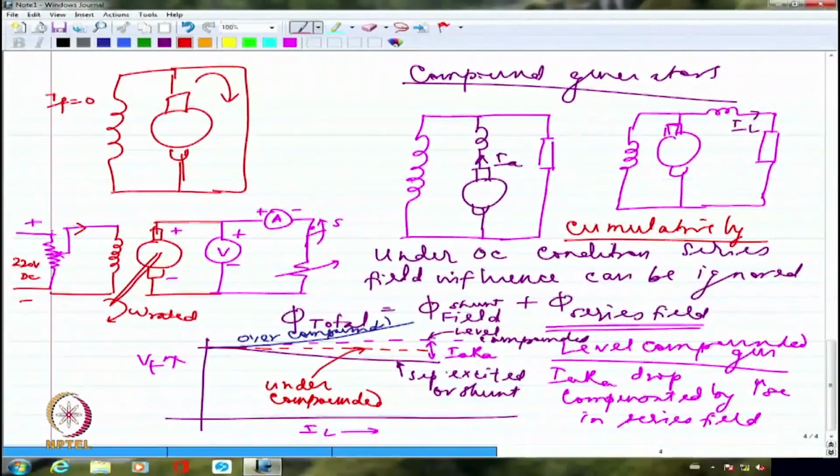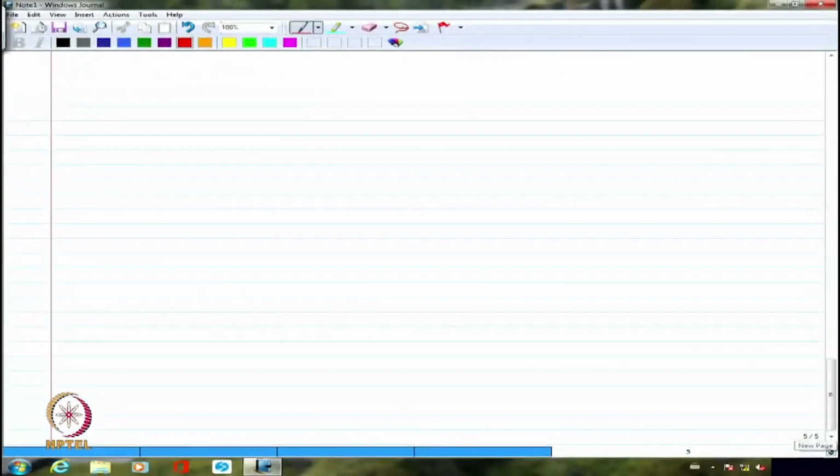Obviously, if I am specifically mentioning cumulatively compounded, there should be another configuration where they oppose each other. So I have one more configuration, where phi total is phi shunt minus phi series.